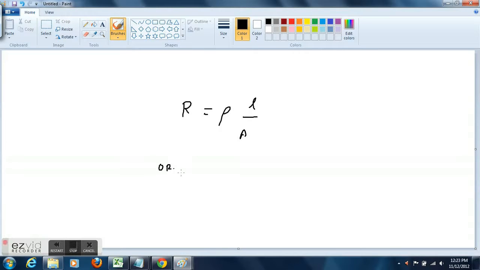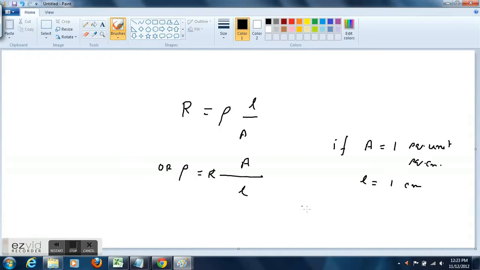Now let us talk a little bit more about resistivity, that is rho. Now R equals rho into L upon A, therefore rho equals R into A upon L. Now in this equation, if A is equal to 1, that means area of cross section is 1 square unit. So in SI unit it will be 1 square meter.